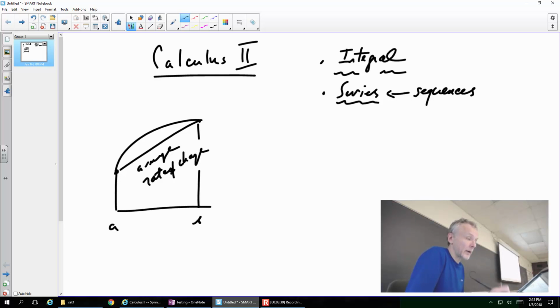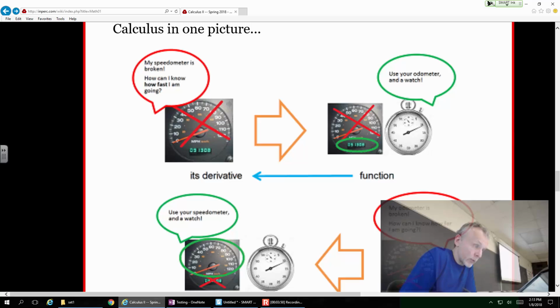If your function represents location, that average rate of change becomes average velocity. Even though the speedometer is broken, you can find your velocity through very simple computation, which, when taken to the next level through calculus, will give you instantaneous velocity.